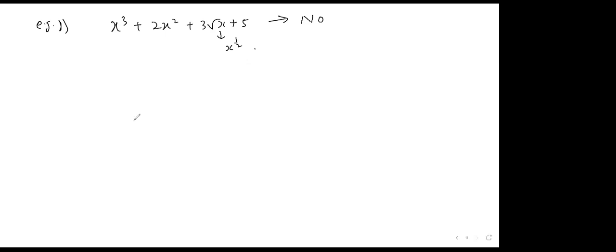Okay. Now I am giving one more example. Example 1 is x plus 1 over x plus 3. Example 2 is x to the power 100 plus 3x square minus 5.